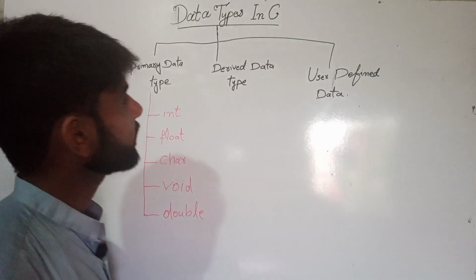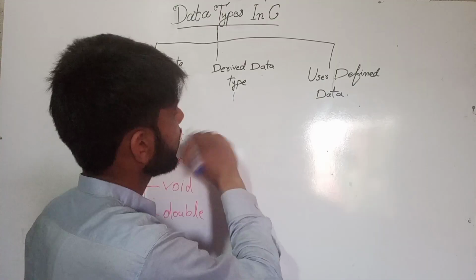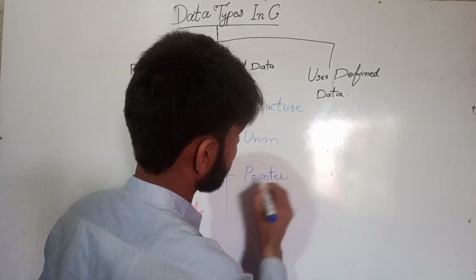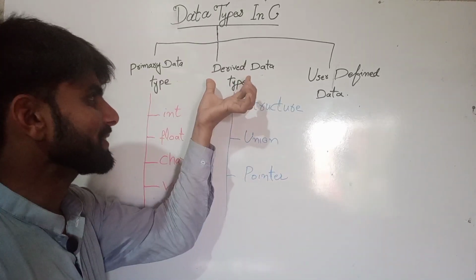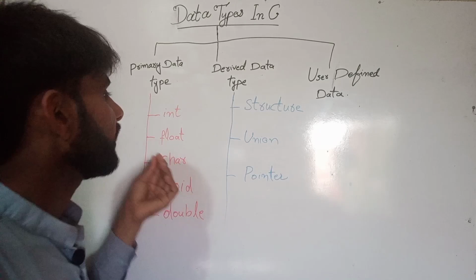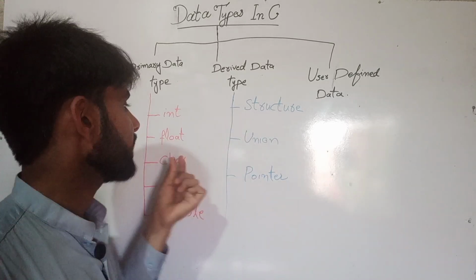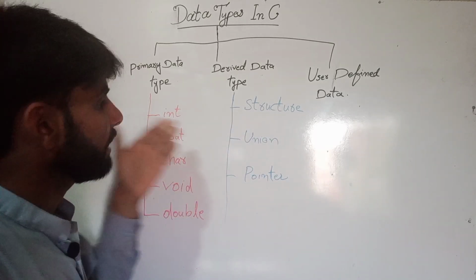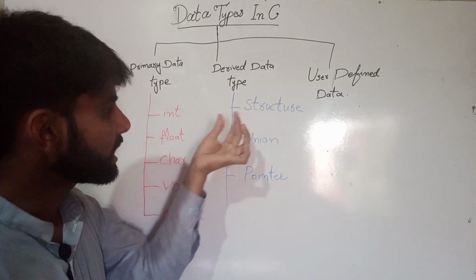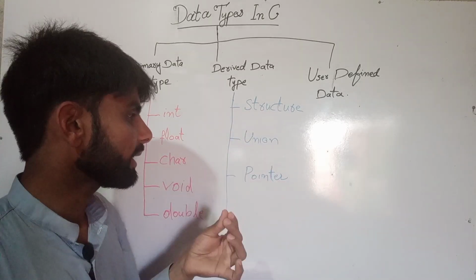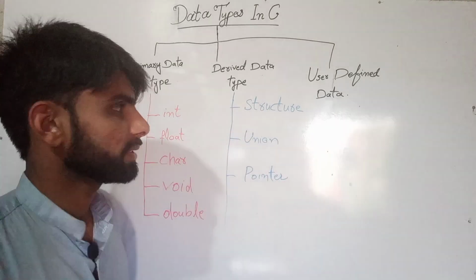So what are derived data types? As the name suggests, derived data types are data types that are derived from the primary data types. These are structure, union and pointer data types, right?